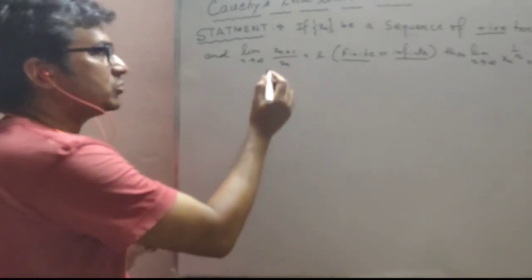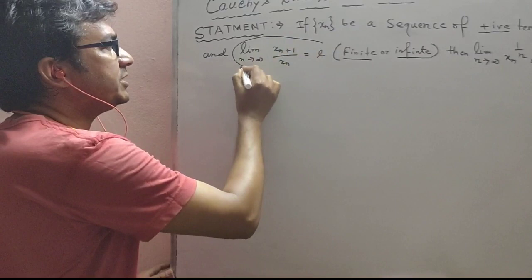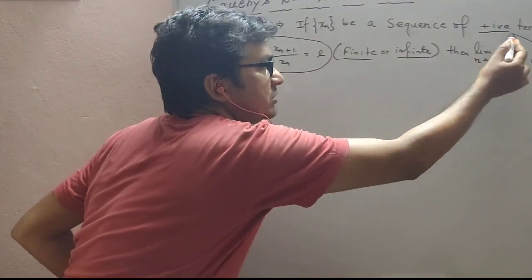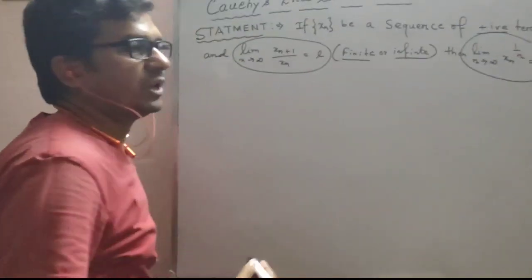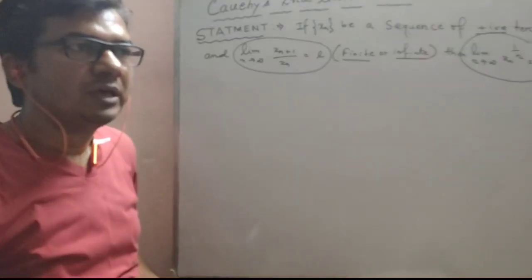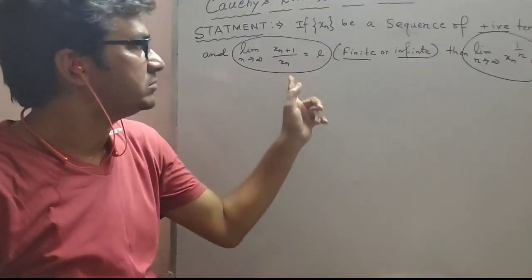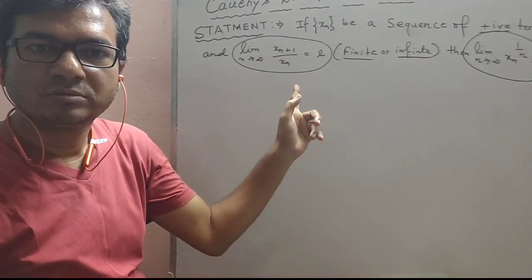In this theorem, we say that if this limit is L, then this theorem proves that this limit is also L. Is that true? If this holds, then does this also hold?